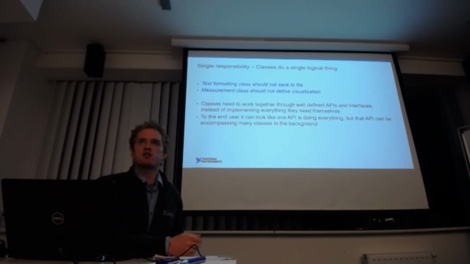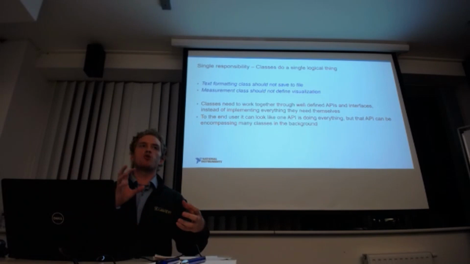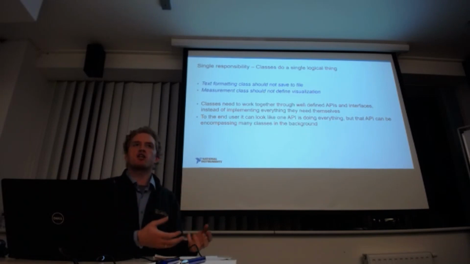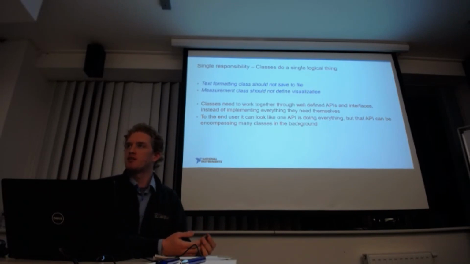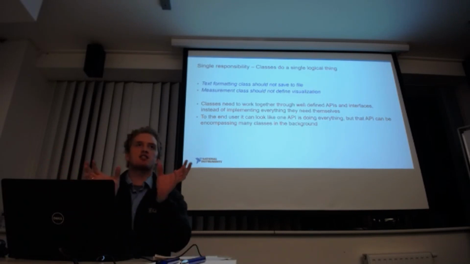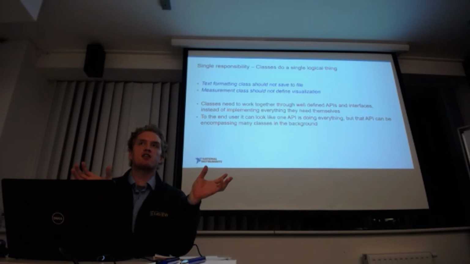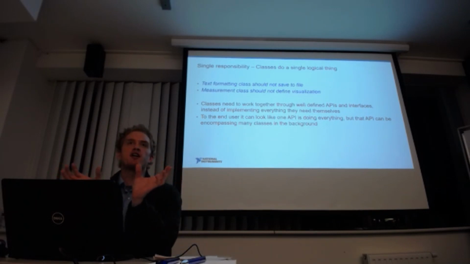A text formatting class, a class that is designed to process text, should not have the functionality of saving text to files or databases. Parsing text and saving text, these are two separate responsibilities. A measurement class should not define how measurement data is visualized on the screen.